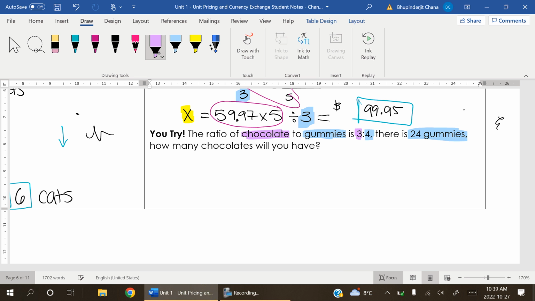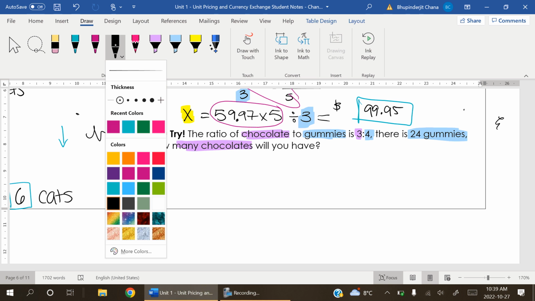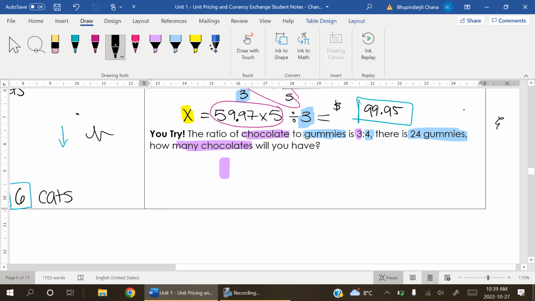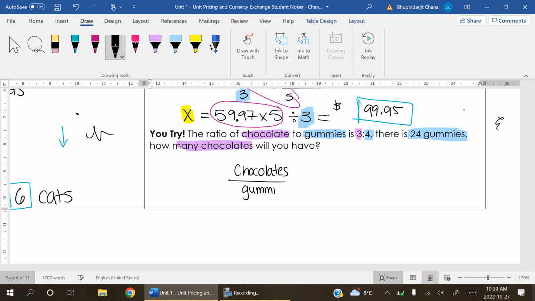So we're going to write our fraction, chocolates over gummies, is equal to chocolates over gummies.